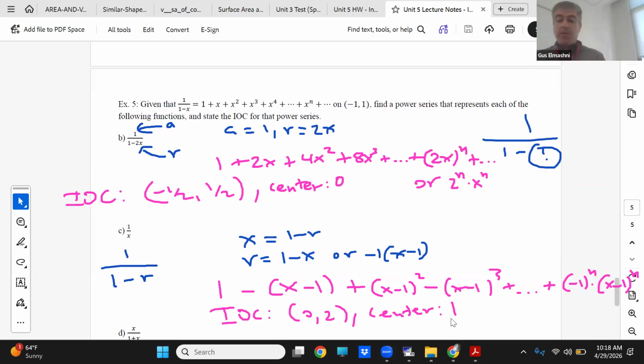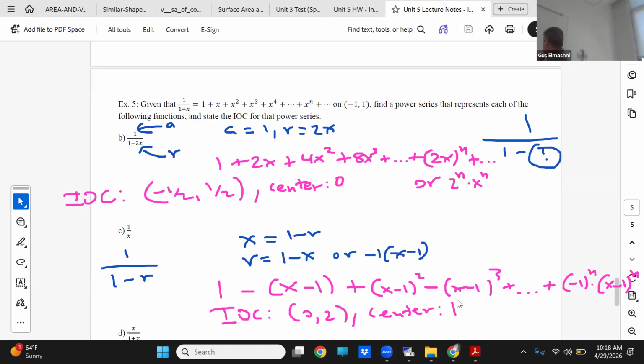Again, if you did 1 plus 1 minus x plus 1 minus x squared plus 1 minus x cubed, there's nothing wrong with that. You're not wrong. That would be totally a-okay.